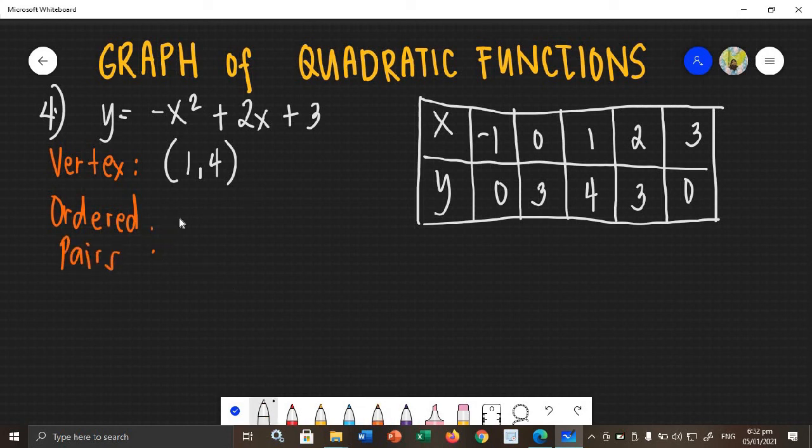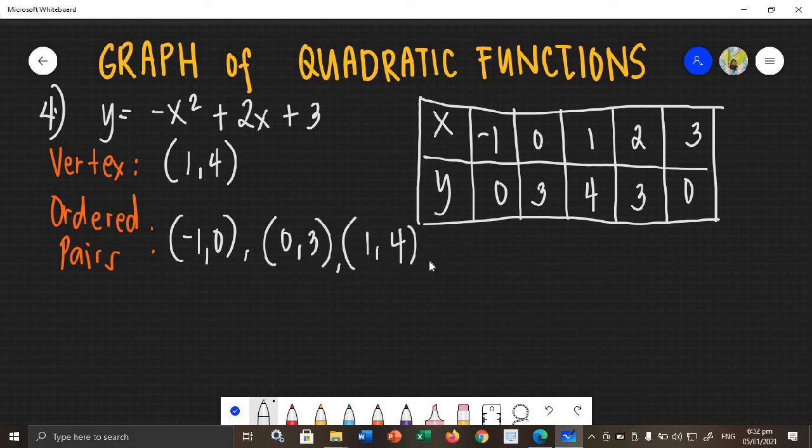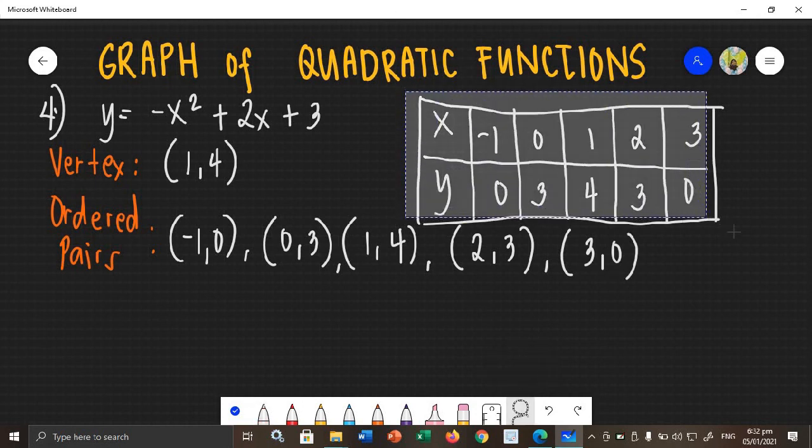So the first one, those that are opposite each other, negative 1, 0, and then 0, 3. Then the vertex, 1, 4. Next is 2, 3, and then the last one is 3 and 0.